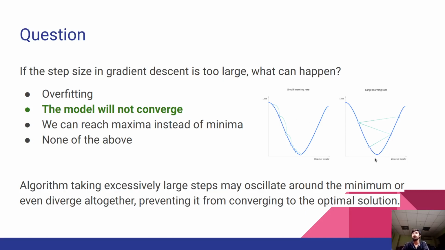So the correct answer is that the model will not converge because it is never going to the global minima. It is possible that we take a step from here and by chance reach the minimum, but the most likely thing is that it will overshoot and never actually reach the minima. It is not that the model will not converge at all.